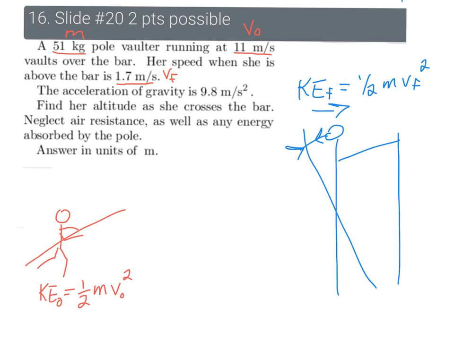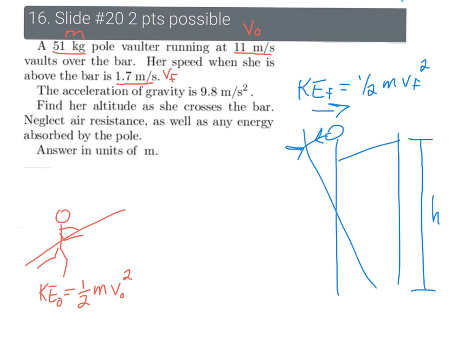So what we should do, because ultimately what we're trying to figure out is the height of the bar. And there's a little trick to do that. But let's go ahead and figure out what our energies are.